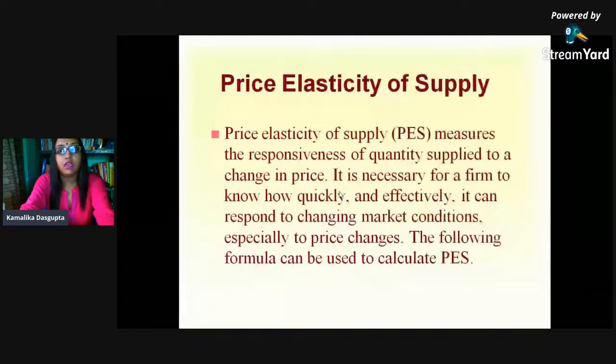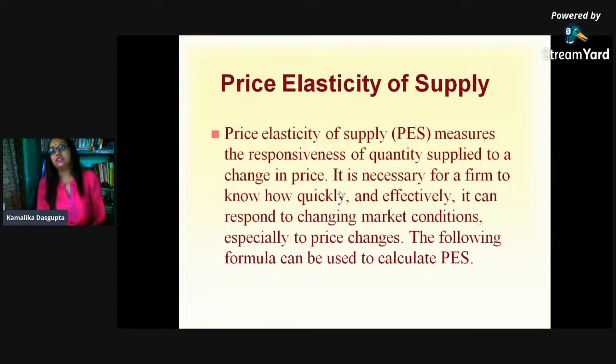Okay. So now price elasticity of supply. Price elasticity of supply doesn't have other types, like elasticity of demand, which has cross price elasticity of demand, own price elasticity of demand, and income elasticity of demand.